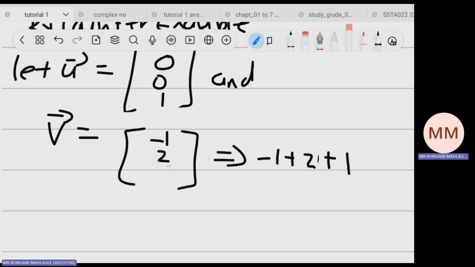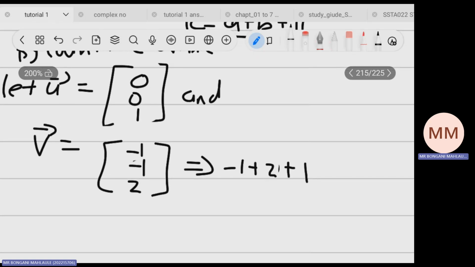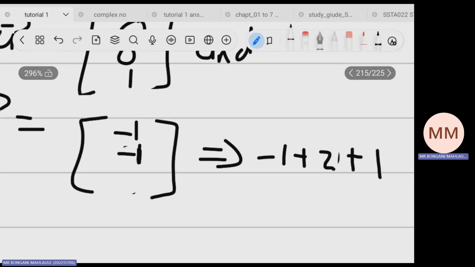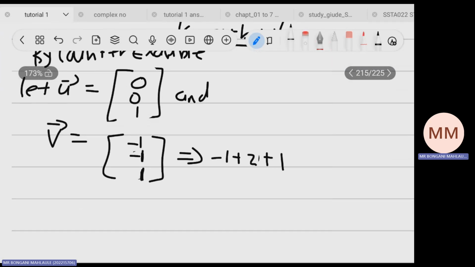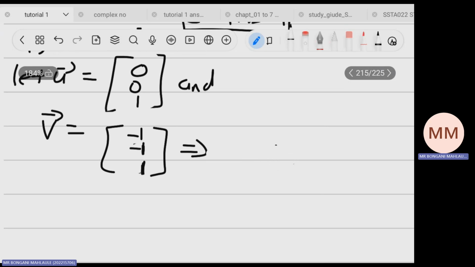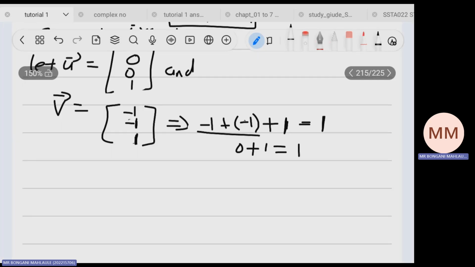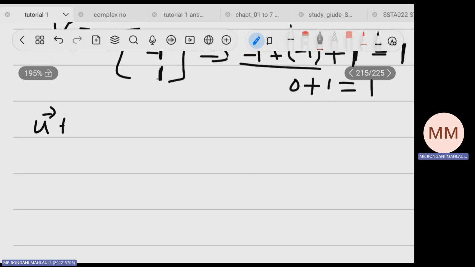We want to get C being equal to plus 1. Okay, we'll see 1 here. So this will be negative 1 plus negative 1 plus 1 is equal to C, which is 1. Then this will give us 0 plus 1 is equal to 1. Yeah, it's fine. Now you'll perform U plus V.